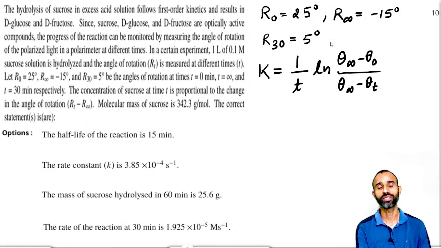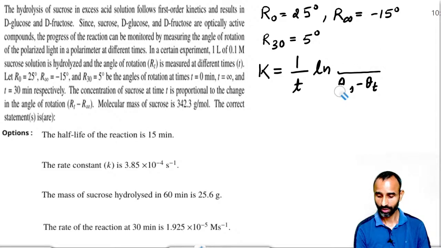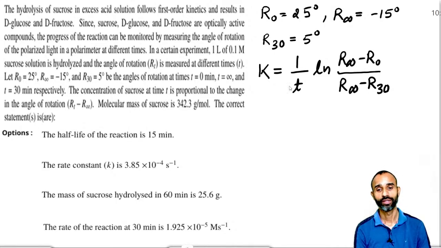Here it is R, so you can take it as R infinity minus R naught divided by R infinity minus R 30. Here time is 30.